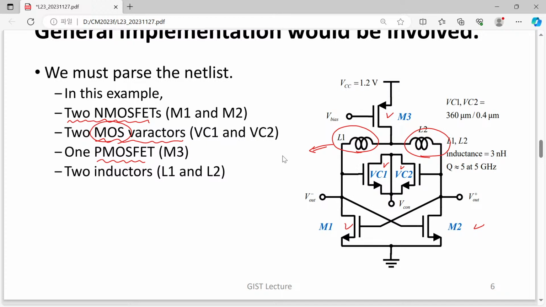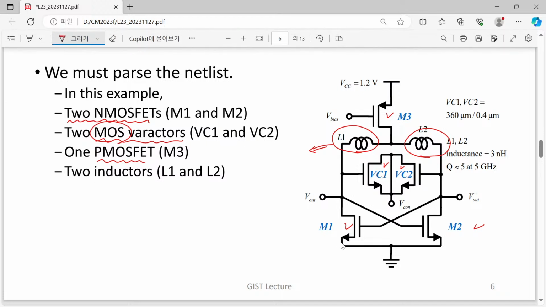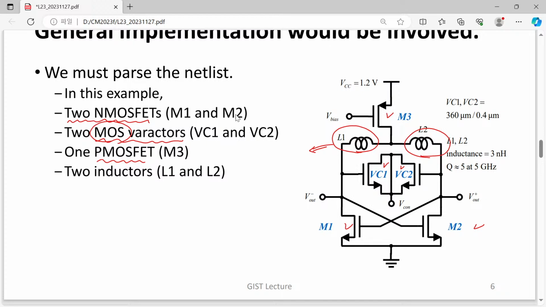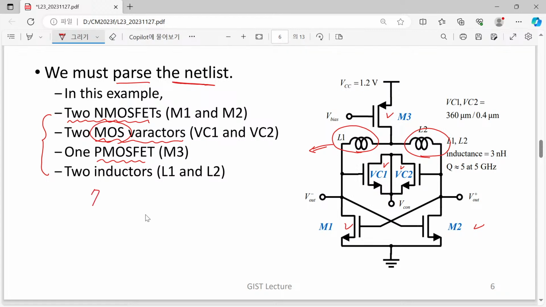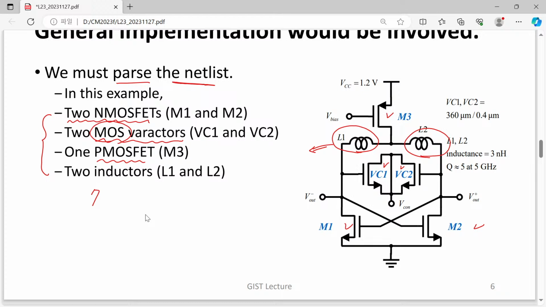So even though we are considering a very primitive oscillator, in this case we have several devices, and we must parse the netlist. If we have these 1, 2, 3, 4, 5, 6, 7 circuit elements, there is a lot of connectivity available from these seven components.